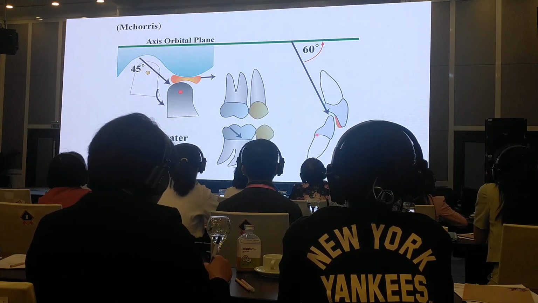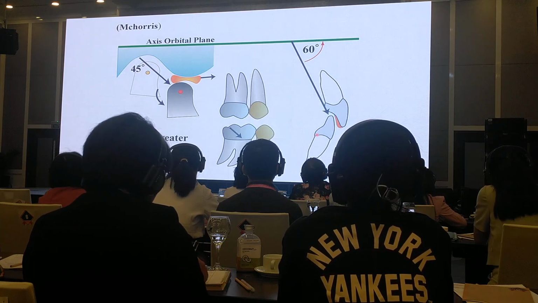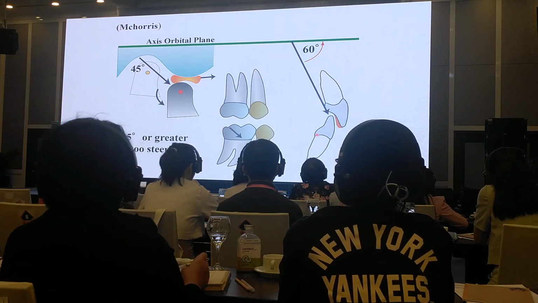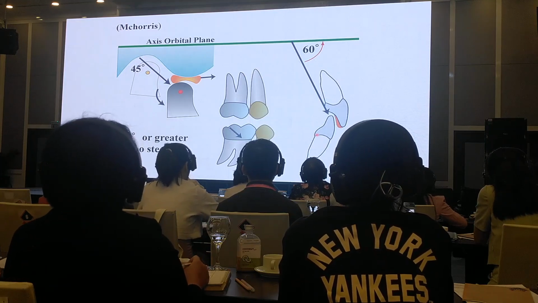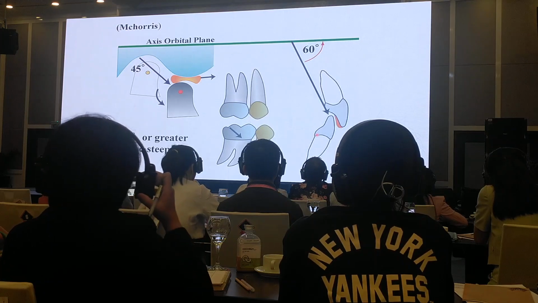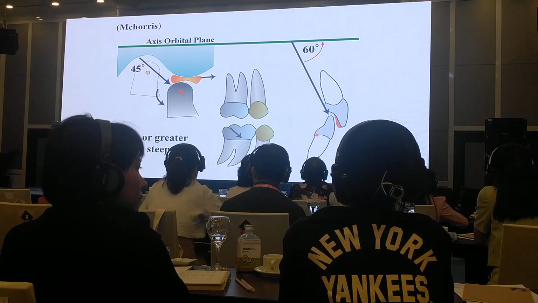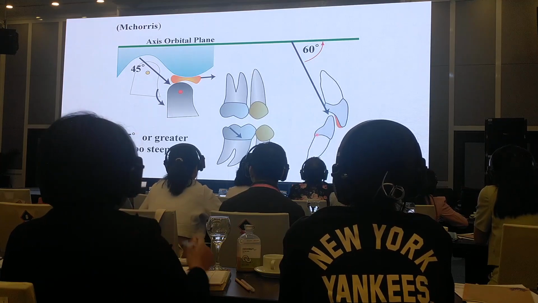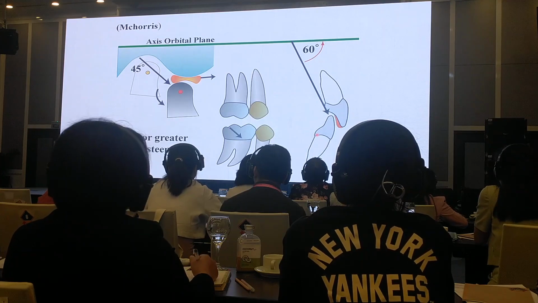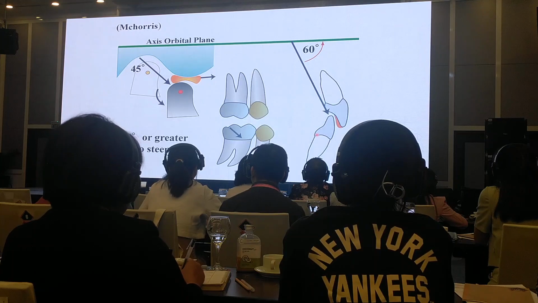Then he used 30 healthy volunteers, and put a little bit of material on the lingual surface of the front teeth, narrowing the space. Okay? The result he showed very nicely.